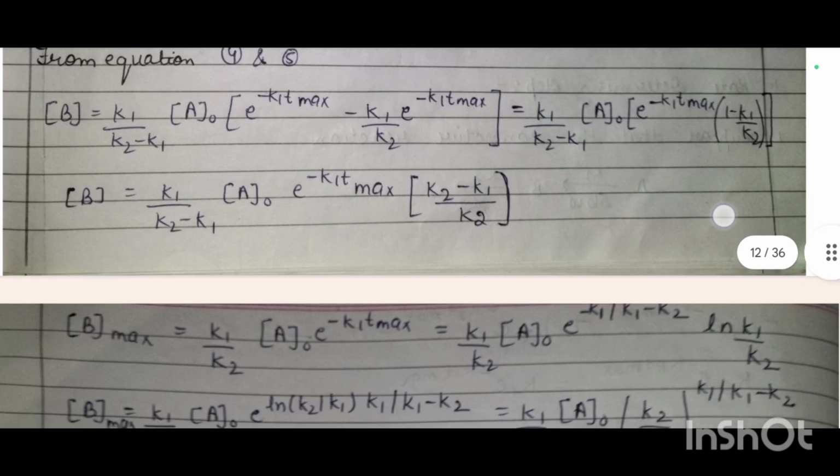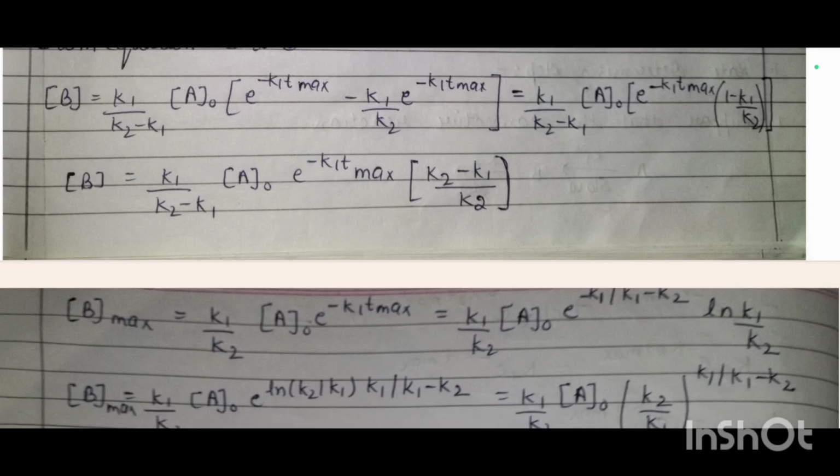So the B concentration is k1/(k2 − k1) A0 e^(−k1 t_max) (k2 − k1)/k2.